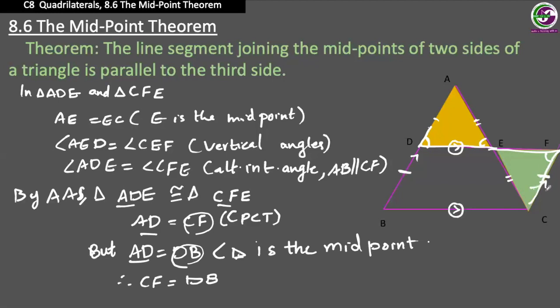And we also know that they are parallel because by construction, DB is parallel to CF. So one pair of opposite sides are equal and parallel.